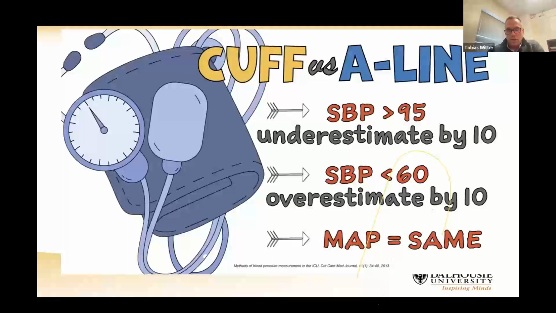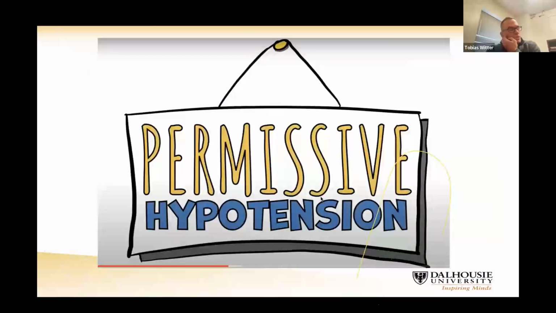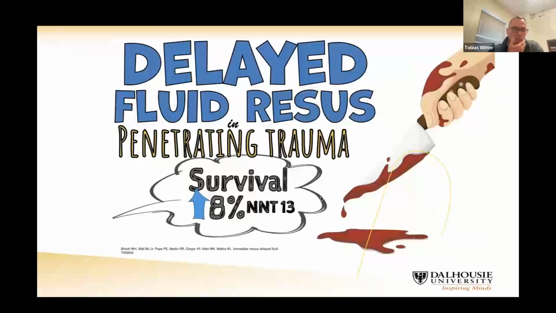And that's another reason why MAP is probably the more robust parameter in those settings. So coming to our actual parameters, there's this concept of permissive hypotension, and that goes back to a paper by Bickel, published, I think, around 2000 or whatever. And they say that when we delay fluid resuscitation, except permissive hypotension in penetrating trauma, the survival is 8% higher.